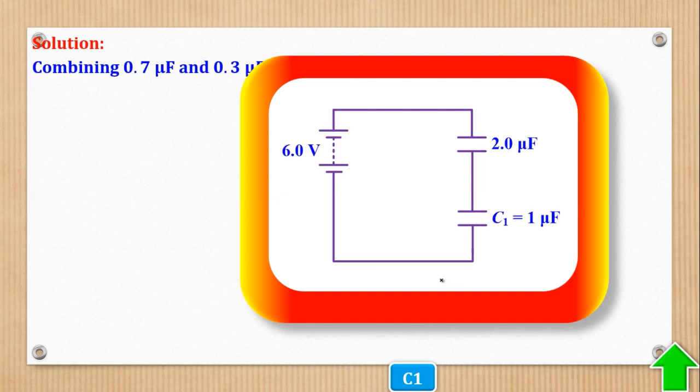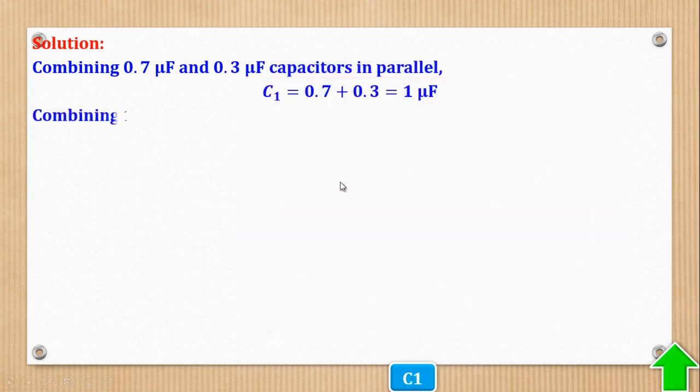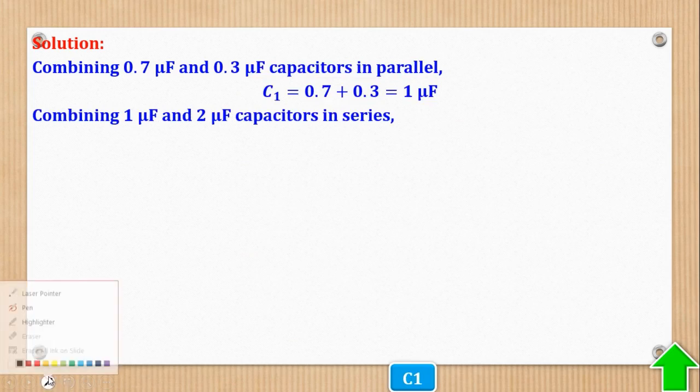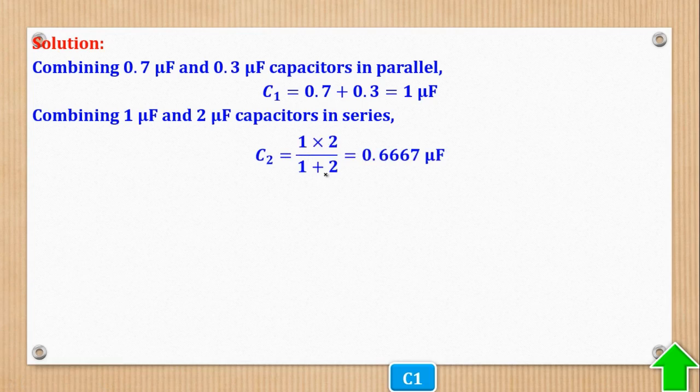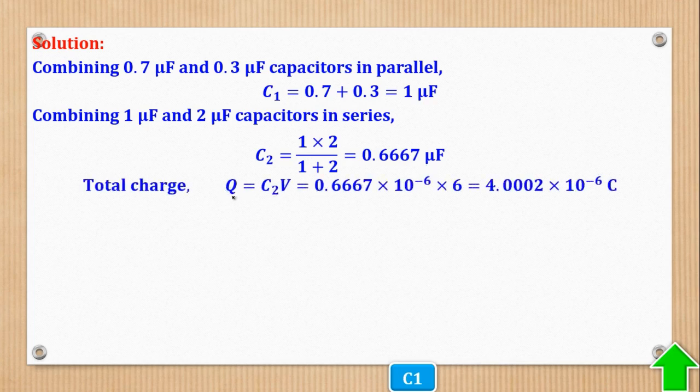And because there are 2 capacitances in series, we shall use the special case of product over sum. Therefore, combining this and this in series, capacitance will be product over sum to give you this microfarad. Therefore, total charge on C2.